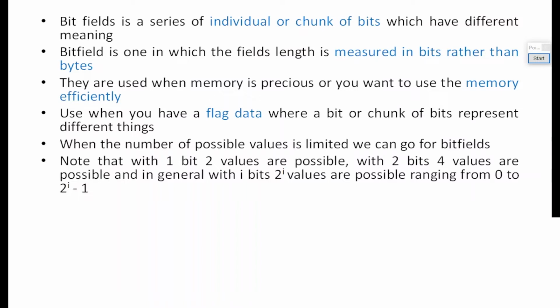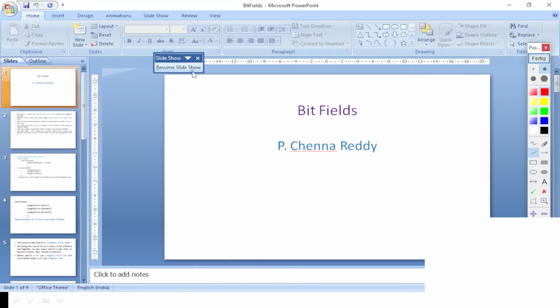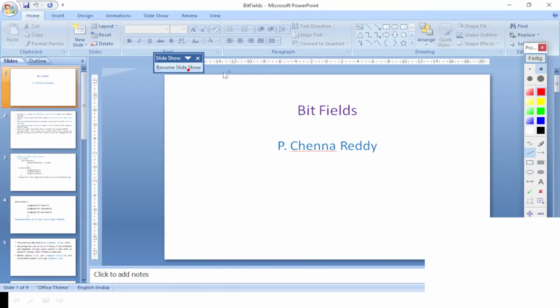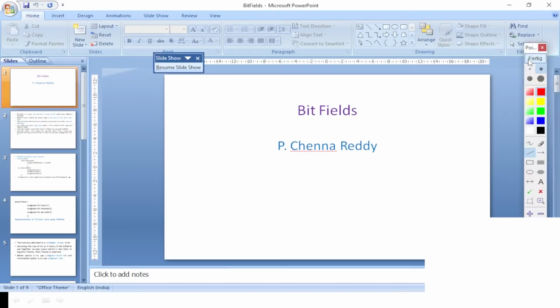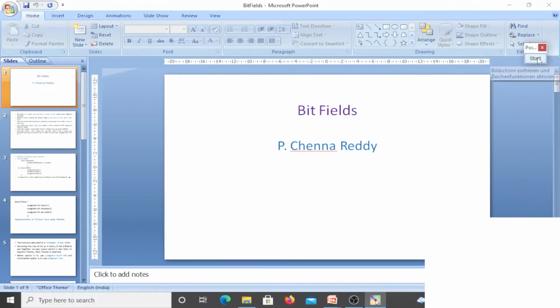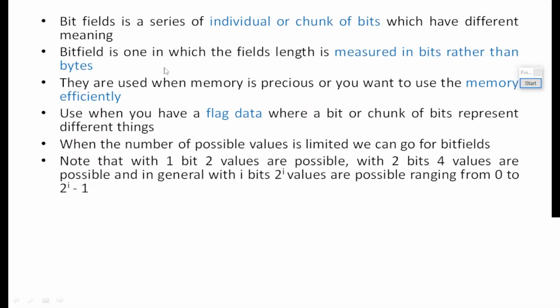Bit fields are a series of individual or chunk of bits, that means a group of bits, which have different meanings. A bit field is one in which the field's length is measured in bits.